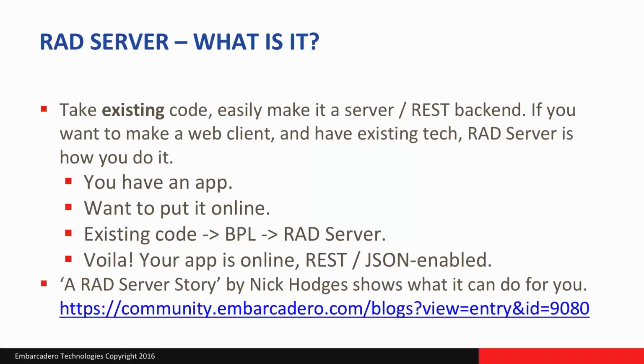Well, the answer is you take your existing desktop application and you package up the existing technology that you have in a package, in a BPL, and you give that BPL to RAD Server along with instructions on how to consume that and how to expose that in terms of making it a REST backend. And voila, you have an application that now provides your REST and JSON services to which you can write a light client front end in anything that can consume REST or JSON.